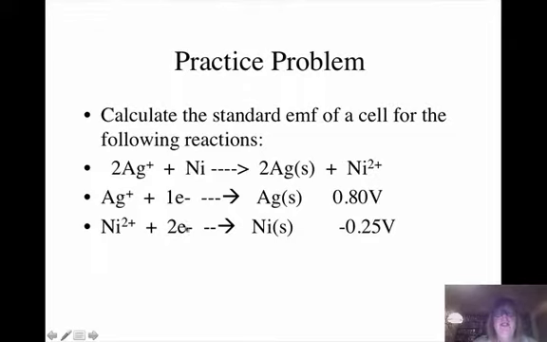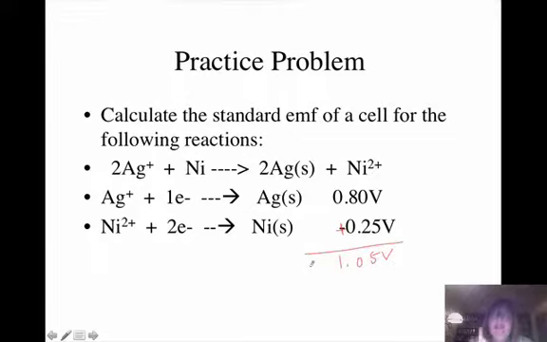This is a reduction potential, but up here it's being oxidized, so we've got to change the sign of that reduction potential, because in our equation up here, nickel's being oxidized. So that's going to be a positive 0.25. And so when we add those together, we are going to get 1.05 volts. Okay, easy as can be.